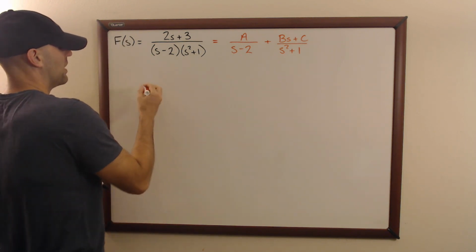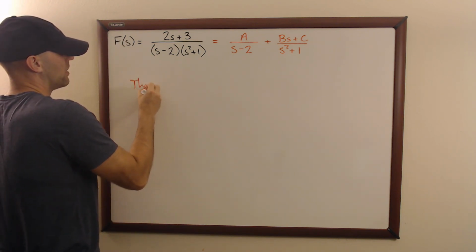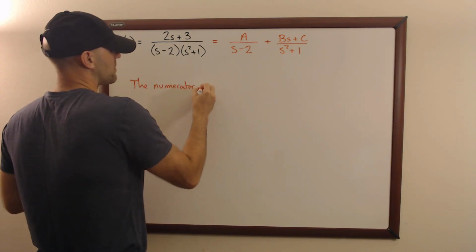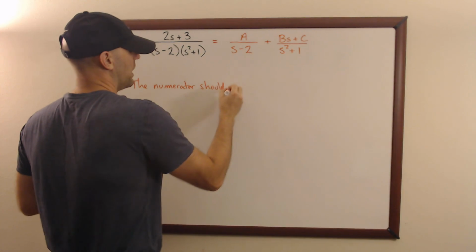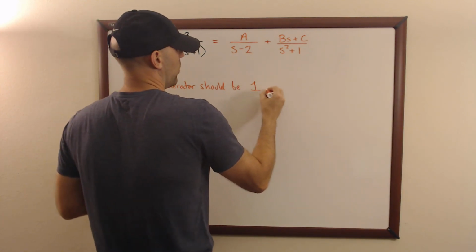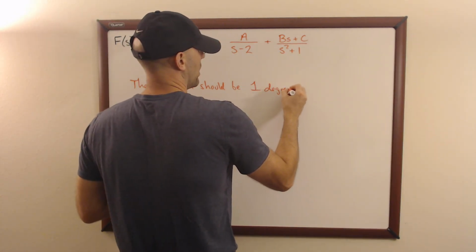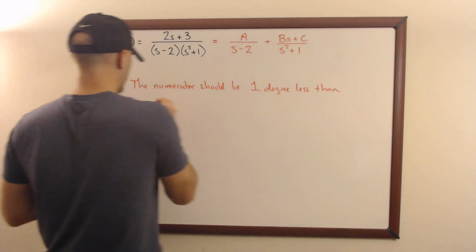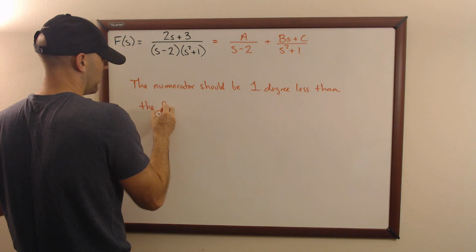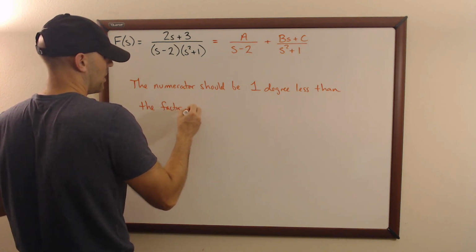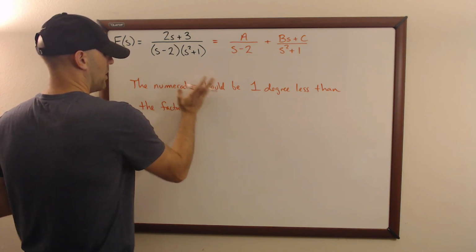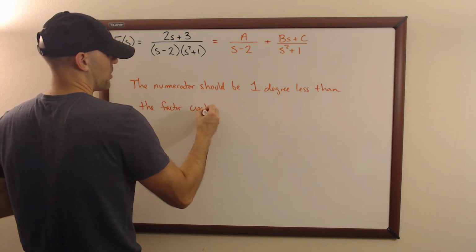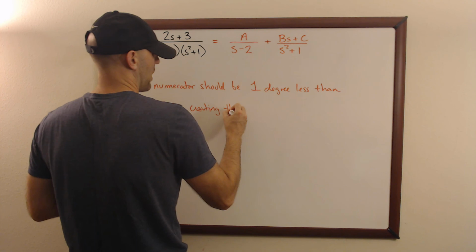The numerator should be 1 degree less than the factor creating the denominator.